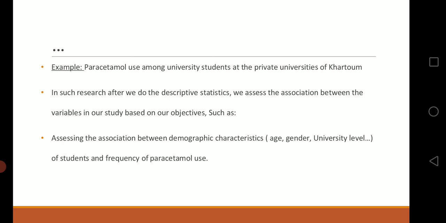When we study such association, it means that we have conducted inferential statistics because we assessed two variables or more together. For example, compare the age with the frequency of paracetamol use, or assess the association between gender and paracetamol use, and so on. We study the association between two variables or more. Okay.